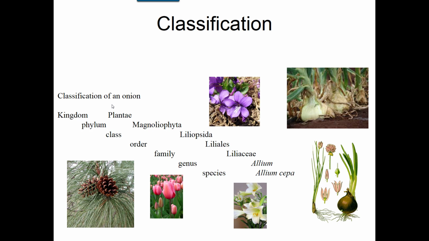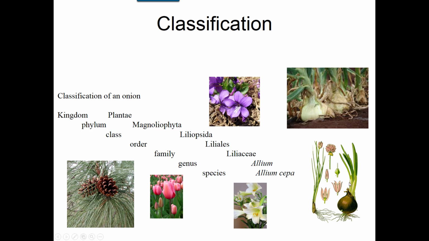Within the domain Eukarya, the onion would be in the plant kingdom. So the animals and the fungi would be together in the domain, the more inclusive group, but only the plants are going to be inside this smaller subgroup. Within the plant kingdom, the onion's going to be in the phylum Magnoliophyta, and that's the phylum where all of the flowering plants are.